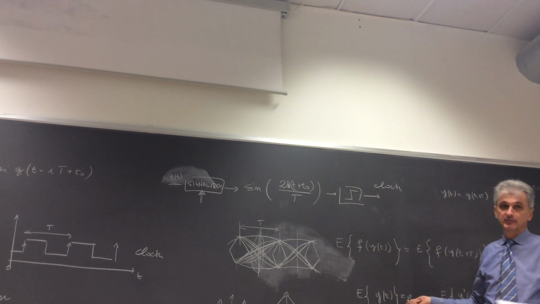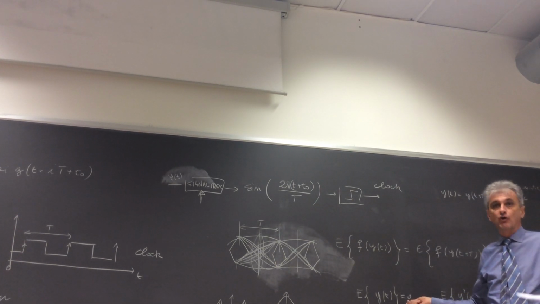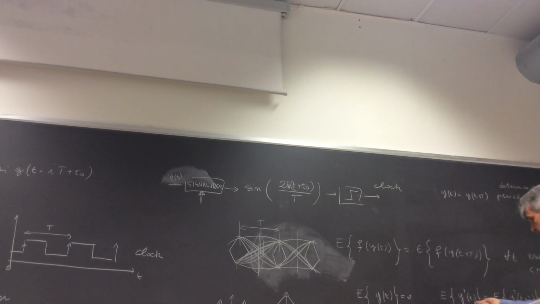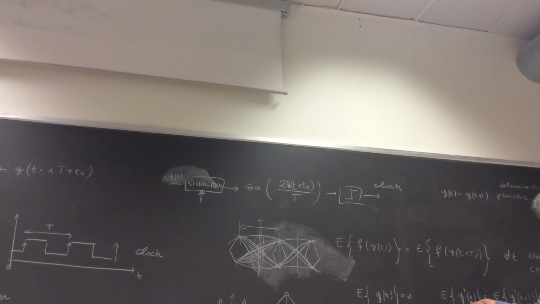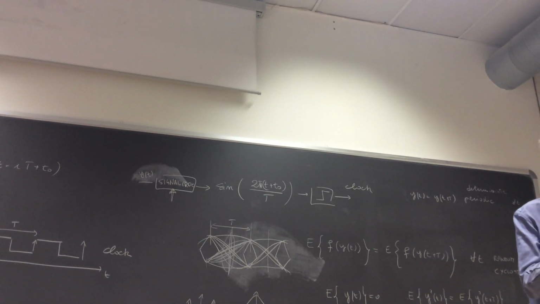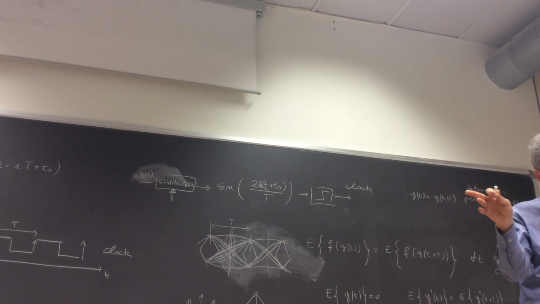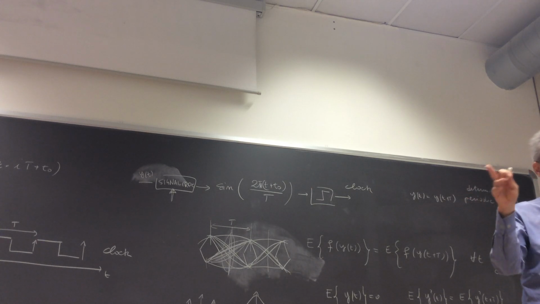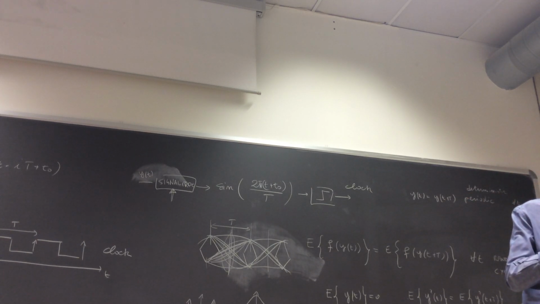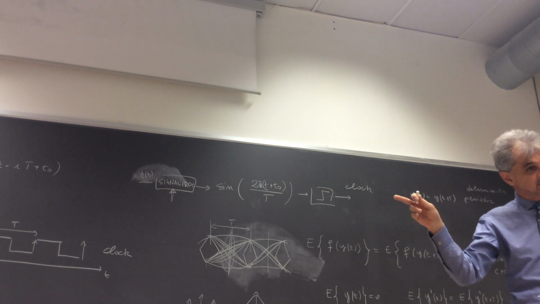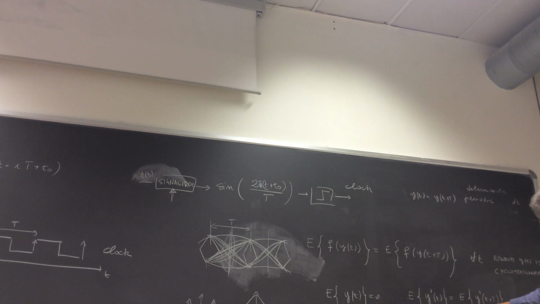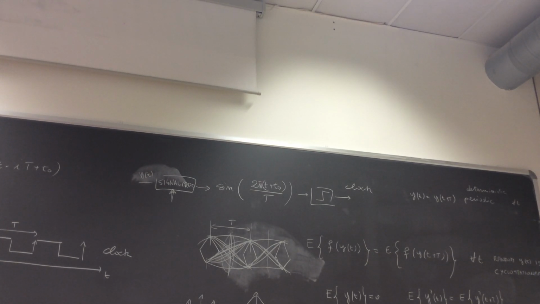Also this one is periodic, but it is trivial because it is actually constant. This equation says that the mean value of the second order moment is periodic. This means that if we make a square and then an average, we get the mean value of the second order moment. And this is periodic, with period capital T. How is the spectrum of a periodic signal with period capital T?